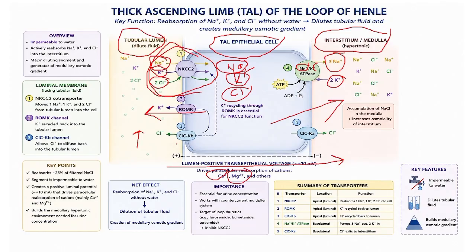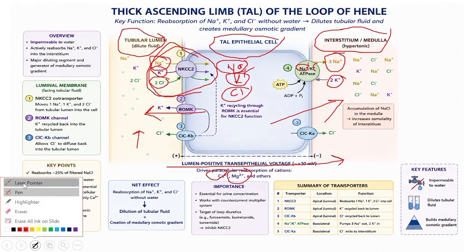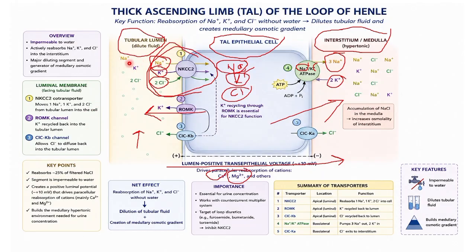So in short, in the thick ascending limb, we will have the movement of sodium ion to the medulla, the movement of potassium to the medulla, the movement of chloride to the medulla, and also the movement of calcium and magnesium to the medulla.